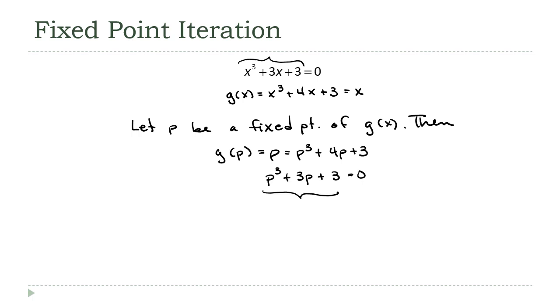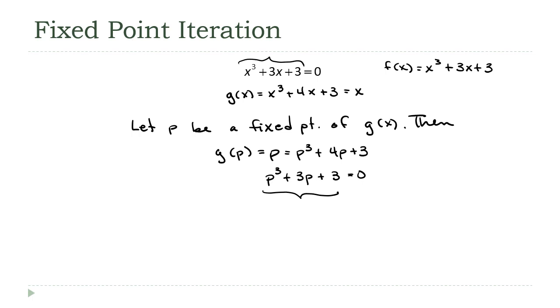Okay, a quick look at the graph of f of x equals x cubed plus 3x plus 3 shows the graph clearly crosses the x-axis between -1 and 0. So by the intermediate value theorem, there should be a root in there somewhere.